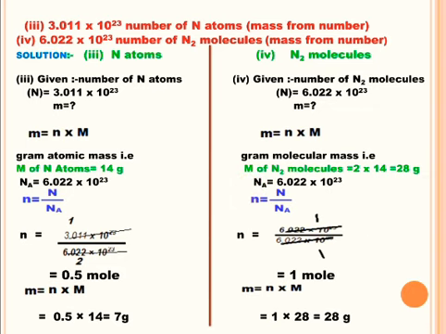So by putting these two values in the formula, m is equal to small n into M, the value of mass comes out to be 28 grams. It means mass of 6.022 into 10 raised to power 23 number of nitrogen molecules is 28 grams. So students, practice these types of numericals again and again in your notebook.